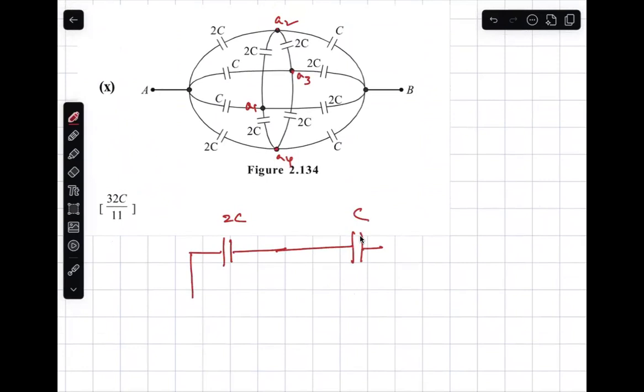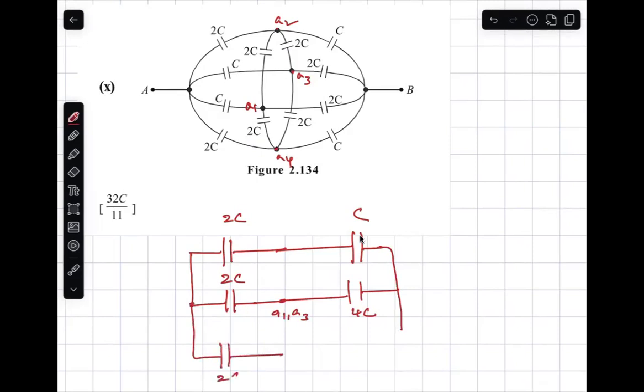See. Clear? Now, A1, A2 when combined, the combination becomes a 2C here. This is A1, A3. And this will become 4C. 2C.